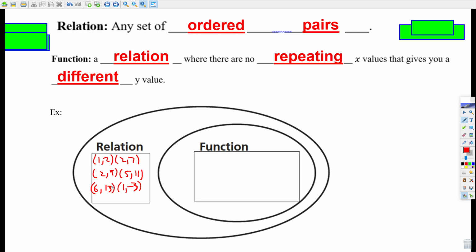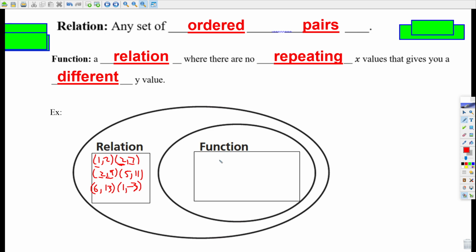All these combined as a set would be a relation. To be a function, though, we cannot have the same x values go to a different y value. So in this particular case, I actually created something that's not a function. If you look here, the 2 goes to 7 and a 2 goes to 9. That cannot happen to be a function. So this set cannot be a function.